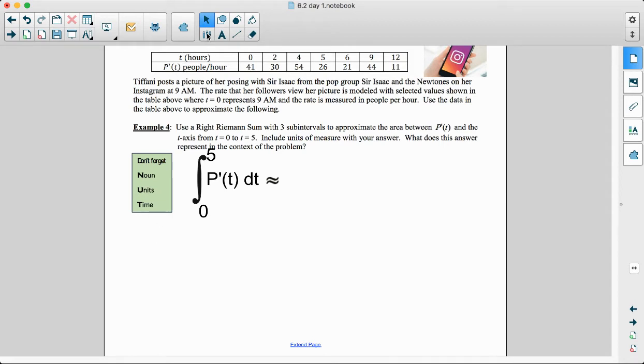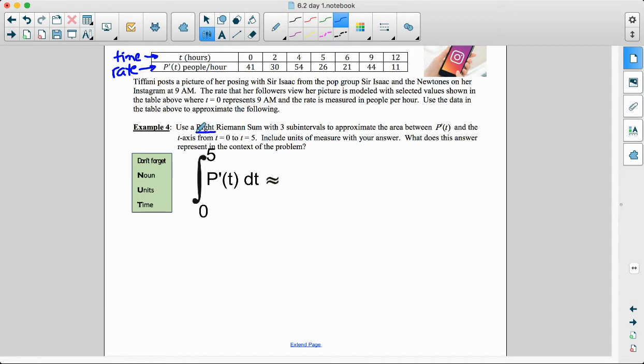So this is a rate. It's a P prime. That's the rate. And this is time. So for us to find the amount of people that have viewed her Instagram post, we're going to multiply rate times time. So use a right Riemann sum.